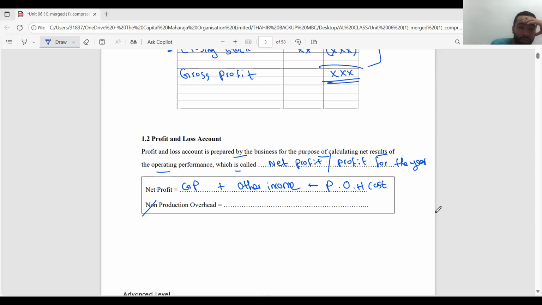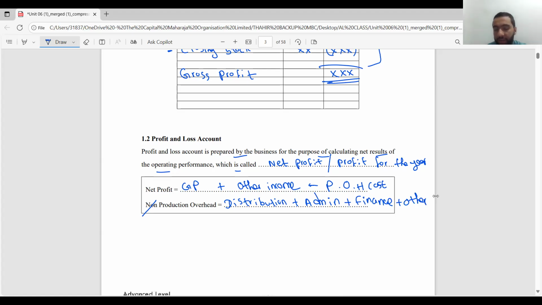Yes, the indirect expenses. Rent expense is one part, but there are four parts. Number one is distribution cost, all the indirect costs. Distribution plus administration plus finance plus other. Quickly write this down. Distribution, administration, finance, and other expenses.